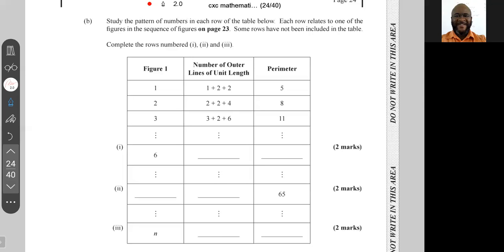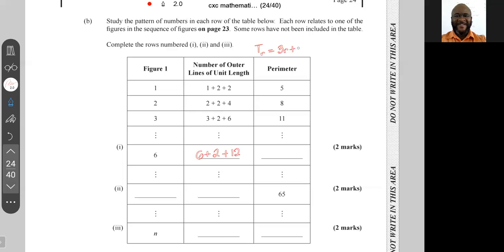So if that be the case, it means that 6 would be here, plus 2 in the middle, and then 6 times 2, I'm guessing this would be 12. All right, so if this is going up by 3, the general term T_R would be equal to 3R plus 2.